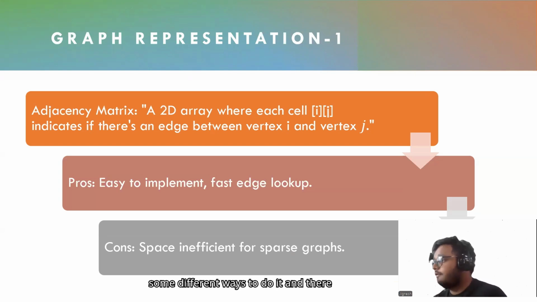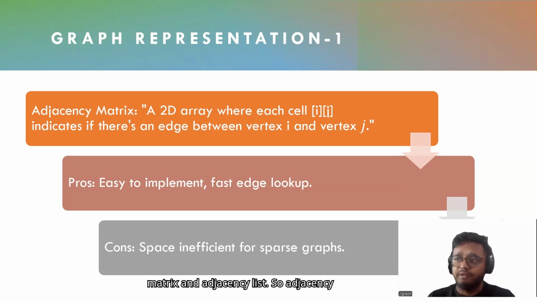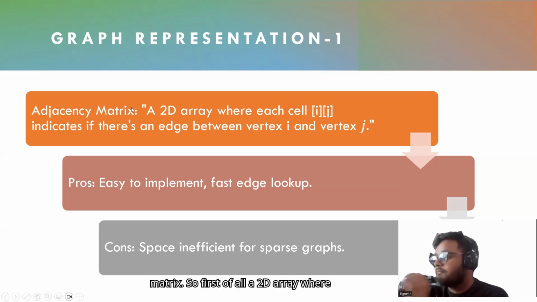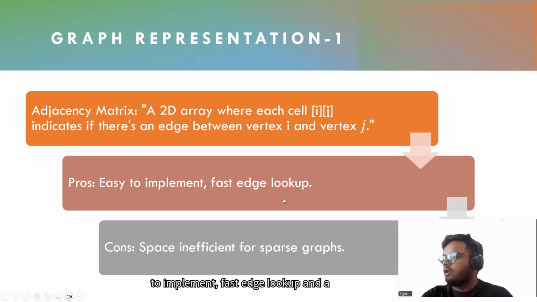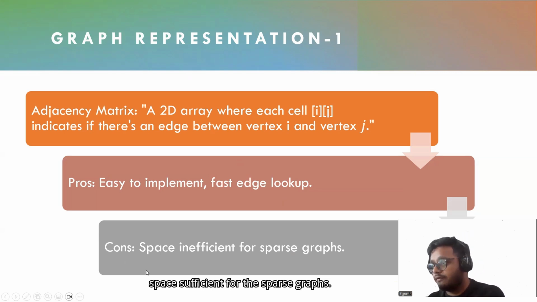There are different ways to do it, and the two most popular ways to store graphs are called the adjacency matrix and the adjacency list. First, the adjacency matrix: a 2D array where each cell ij indicates if there is an edge between vertex i and vertex j. It is easy to implement, has fast edge lookup, and is space efficient for sparse graphs.